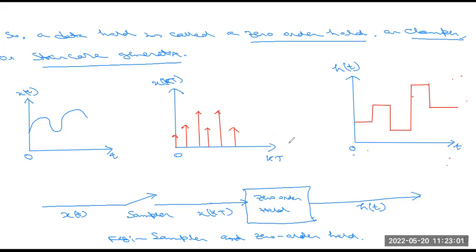So now we have to write the transfer function of the zero order hold circuit. Okay. So for the transfer function, we consider here G h of s, that is for the zero order hold circuit.